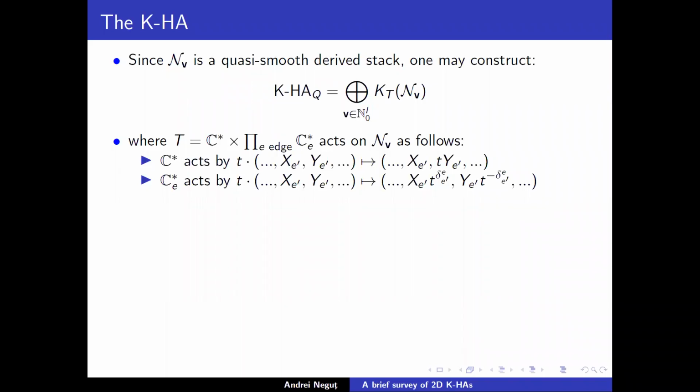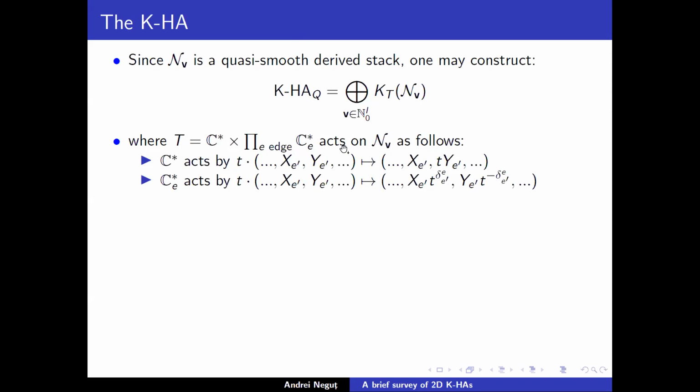So I have to tell you what this torus T is. Well, the torus is a copy of C star. If you don't like C star, think of it as G_m, but I think it makes for a little bit easier reading in this way. So the torus is a one-dimensional torus C star times as many one-dimensional tori as the edges of your quiver, and it acts on the stack N_V as follows.